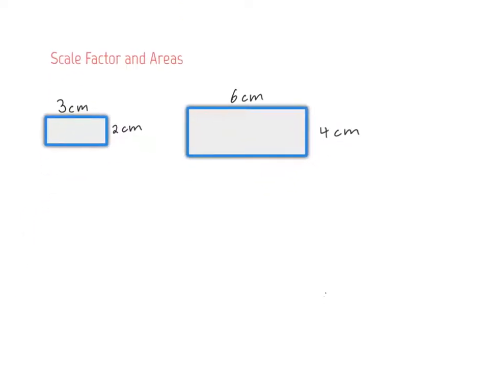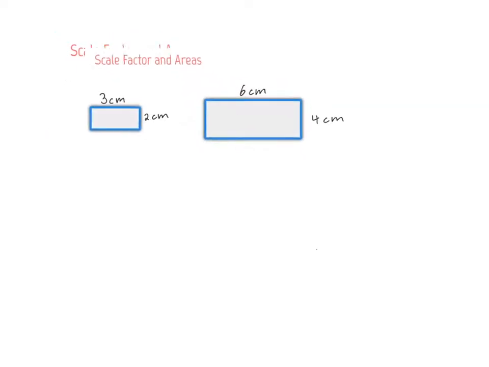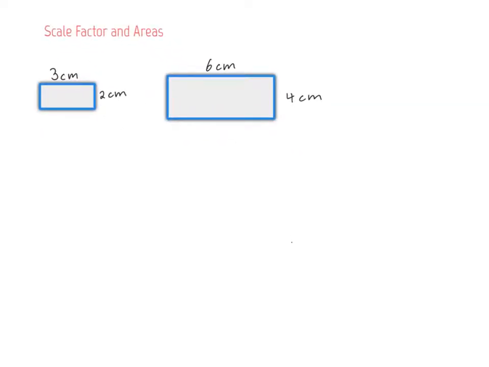So let's quickly have a look at this example. We have a scale factor in areas. So first thing first, we want to find what the scale factor is. So let's call this rectangle A, let's call this rectangle B. So in order to get from rectangle A to B, what am I doing to the side lengths?